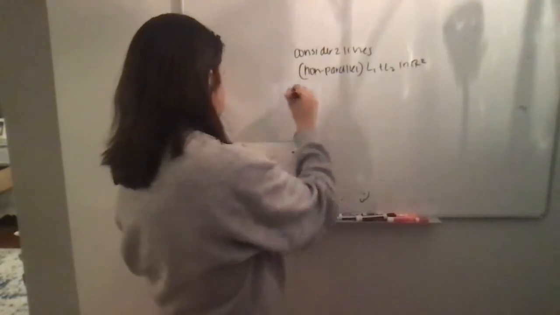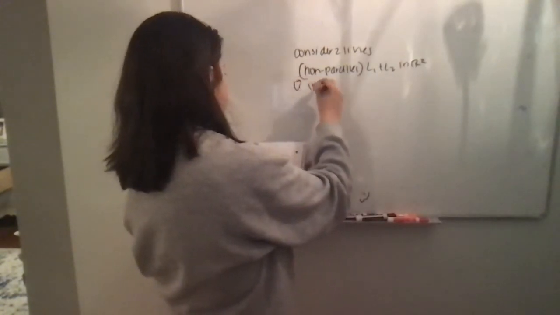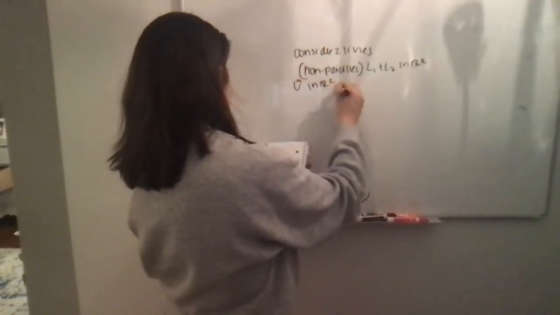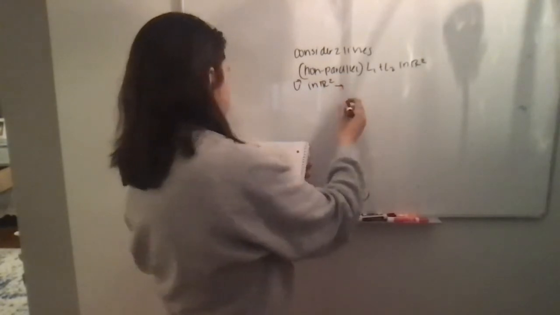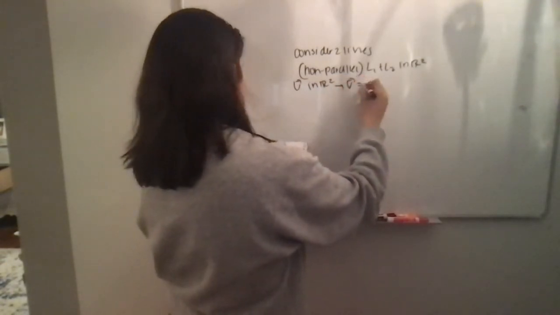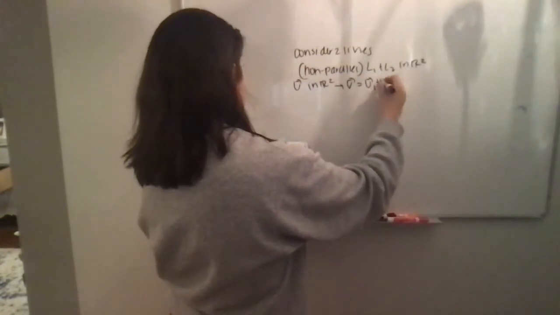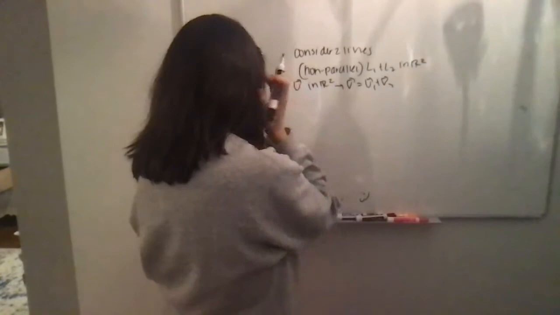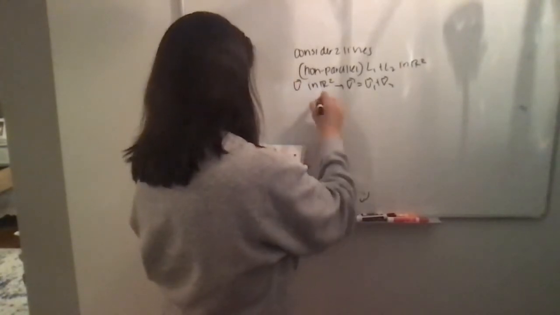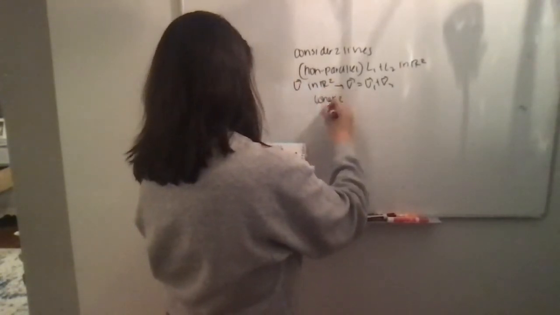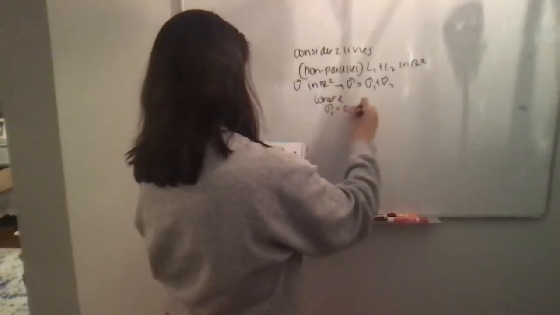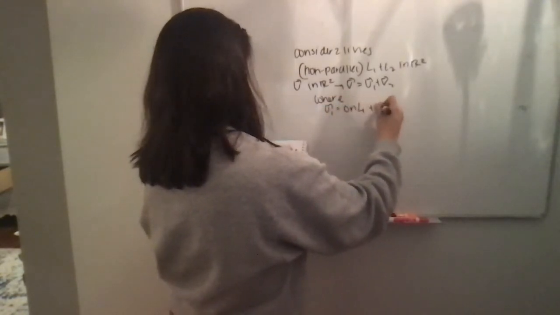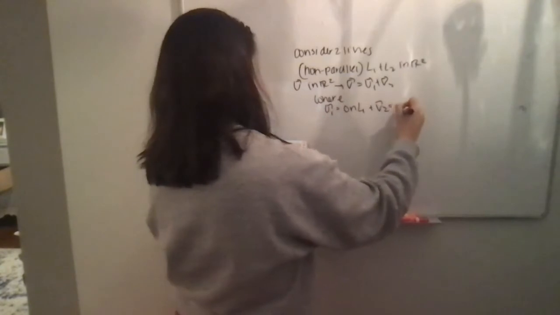You want to explain why any vector V in R2 is V equals vector 1 plus vector 2, where V1 is on L1 and V2 is on L2.